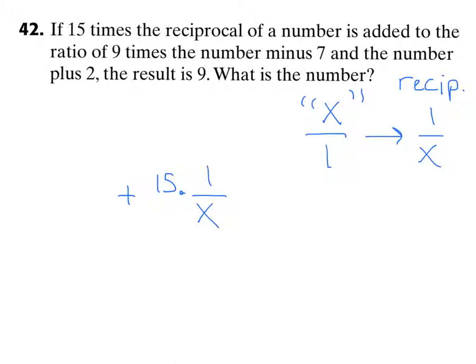Yeah, so I think that is what we want to do here. So that ratio, reading it slowly, is 9 times the number minus 7.